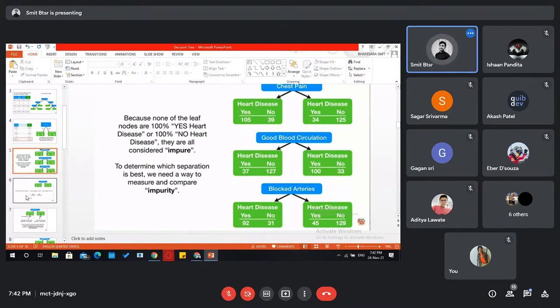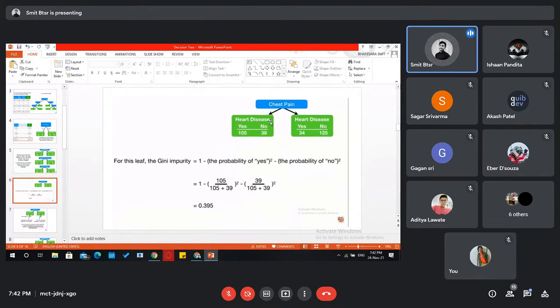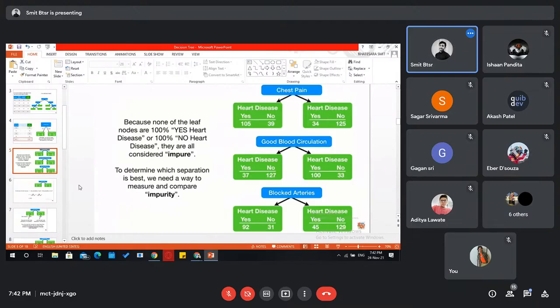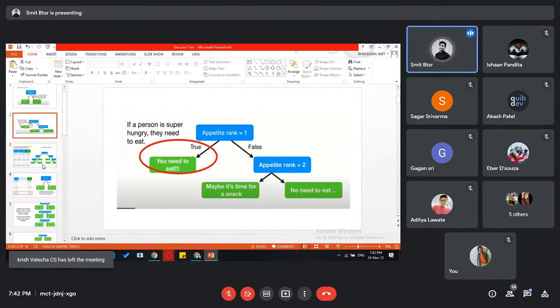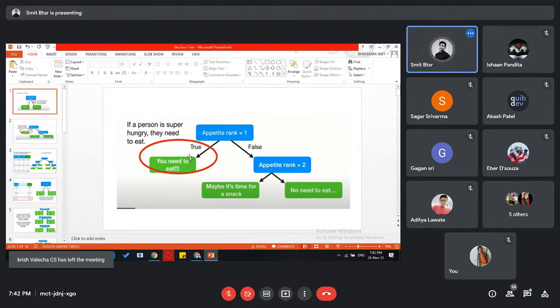Just before moving one step further, let's come back and clear up one doubt. I gave an example: am I too hungry? Then I need to eat.